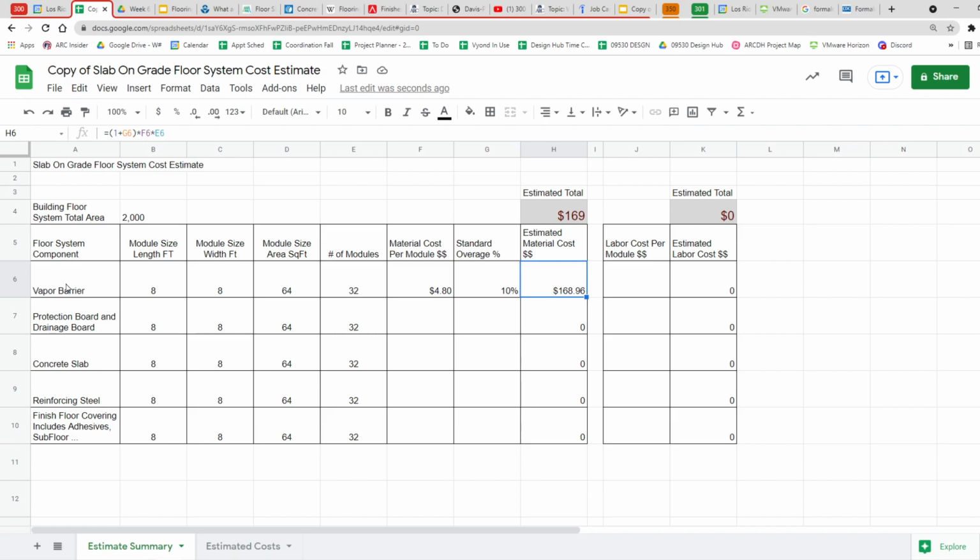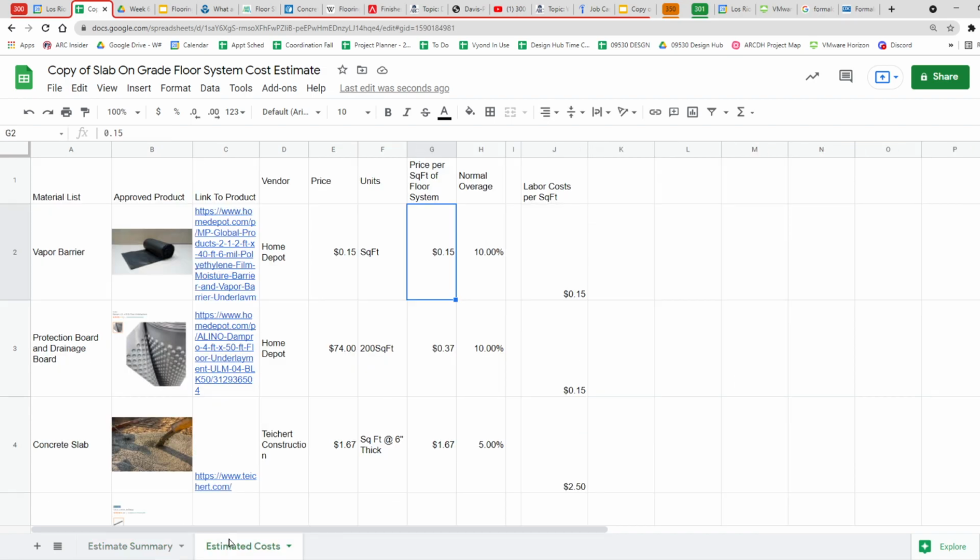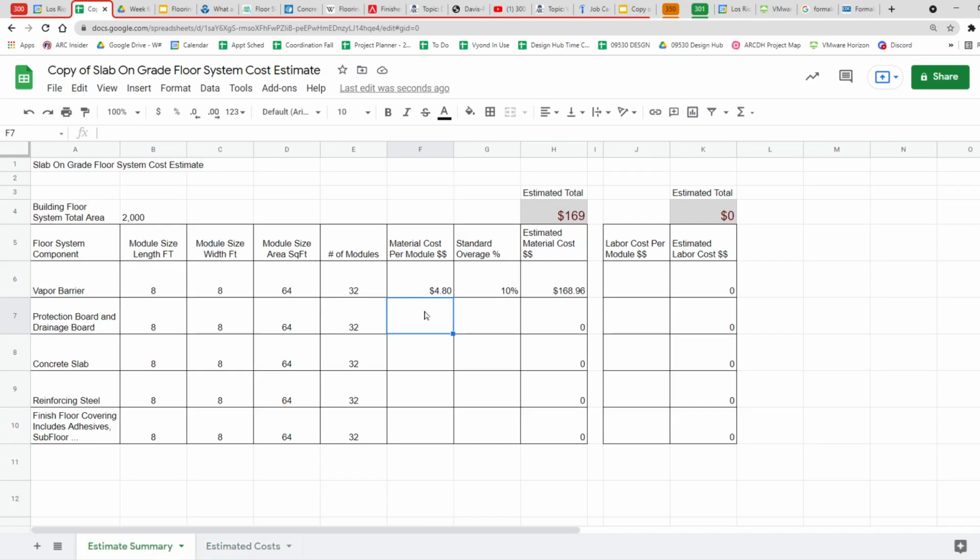So see how that goes? Okay. So the material cost for my protection board is 37 cents per square foot. Over here it equals 0.37 times however many it is.